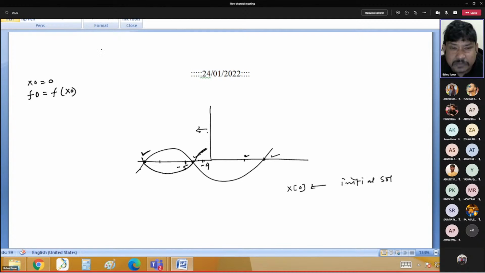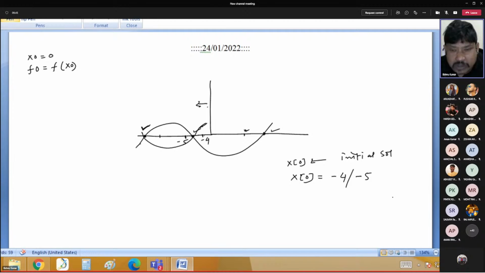So for the initial solution x0 you may consider -4 or -5, no problem. There is no instruction in any book, and no restriction on which value you consider. Those two values will be the nearby values. Whichever of these two values you consider, after some iteration you will approach this solution.